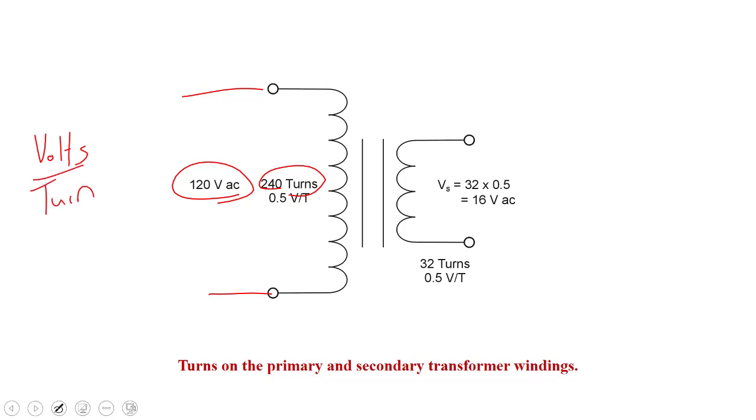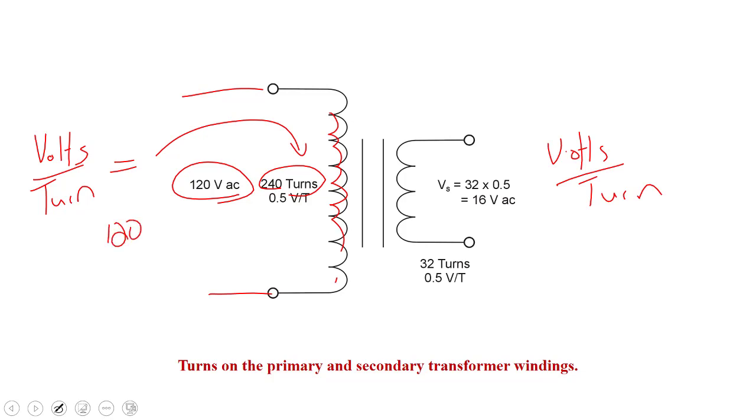And what's good about that is that whatever the volts per turn ratio of the transformer that is established on the primary is going to be the exact same volts per turn on the secondary. So let's talk about what I mean here. If I got 120 volts on the primary and I divide it by 240 turns, that gives me 0.5 volts for every one turn on the primary.